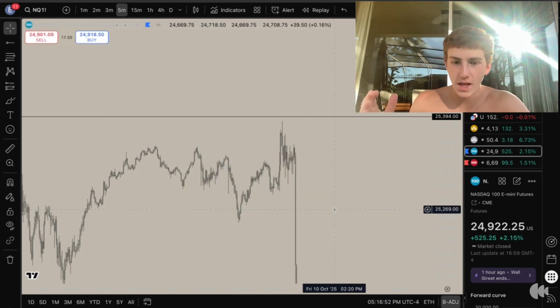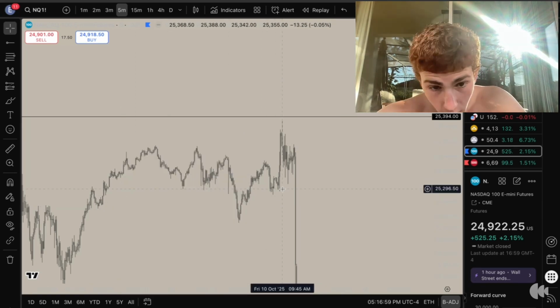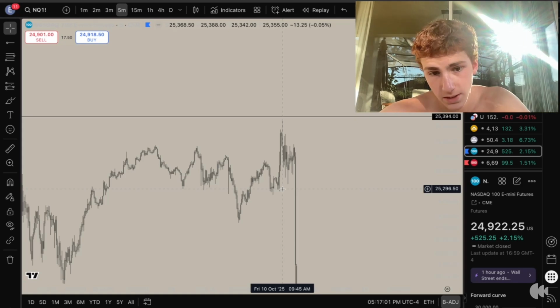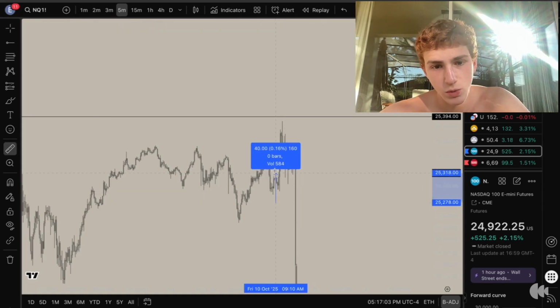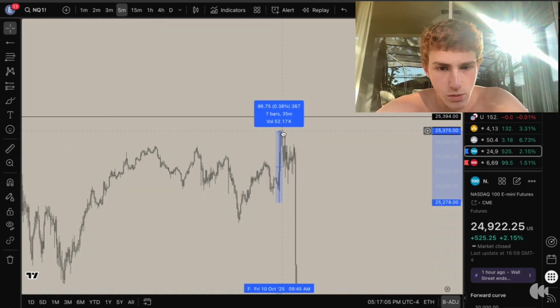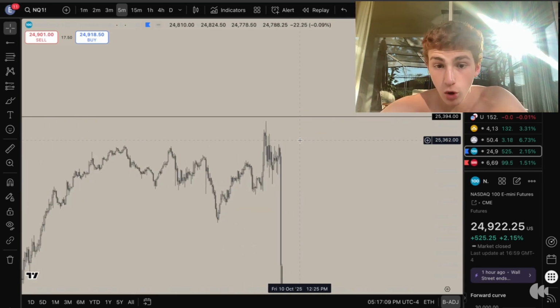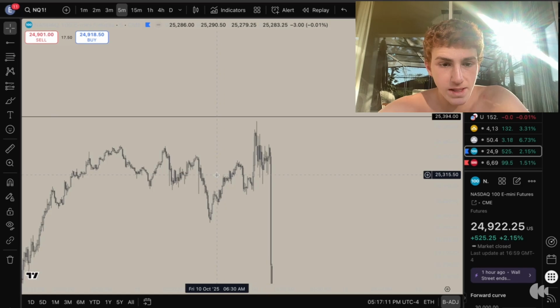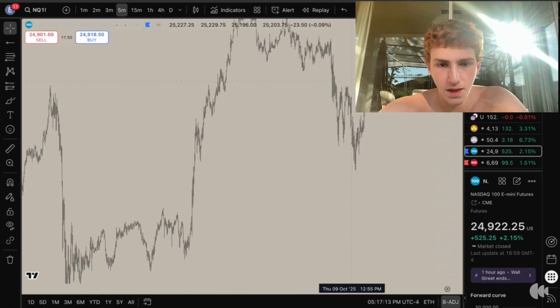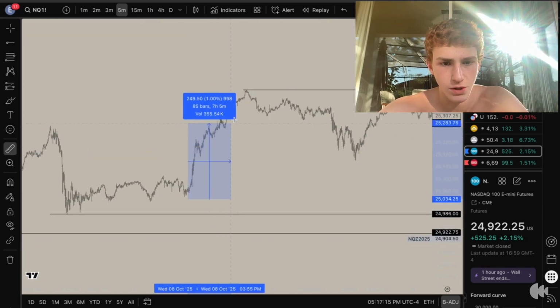I need direction and I need speed towards a drawn liquidity for me to want to trade. So when I see price moving sideways, I'm staying out of the markets. And I don't care even here when we start to break out of the range. Yes, now we're moving up with volume and getting good movement. This is when I would be more open to trading. But it's the days that look more like this that I prefer to trade in.